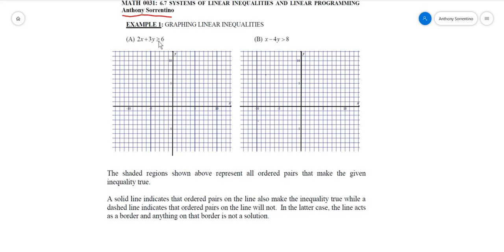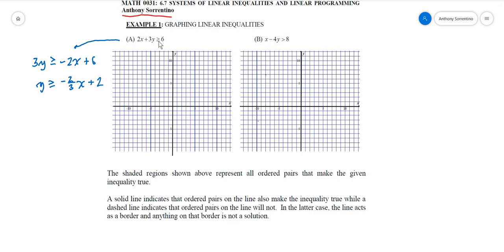Let's first put this into slope-intercept form, which means we want to solve this inequality for y. I would subtract 2x from both sides, and then divide both sides by 3, making sure on the right-hand side I am distributing.